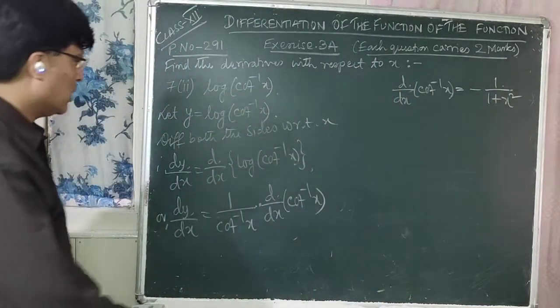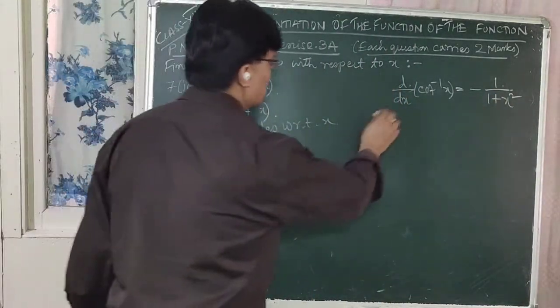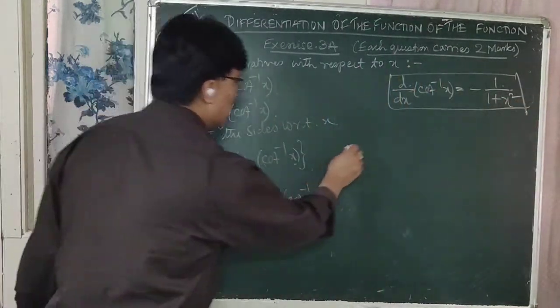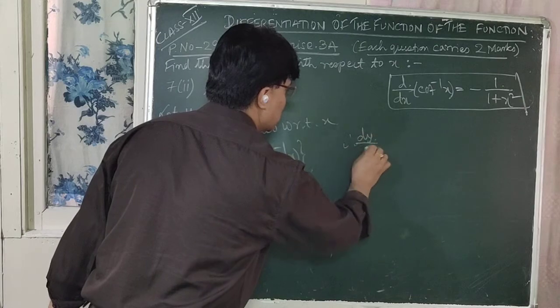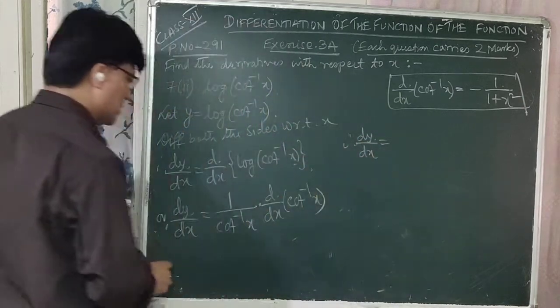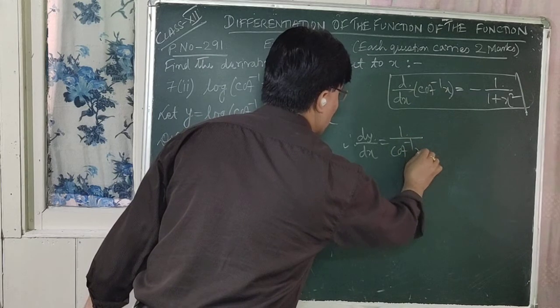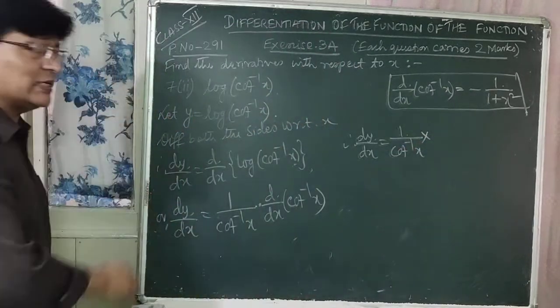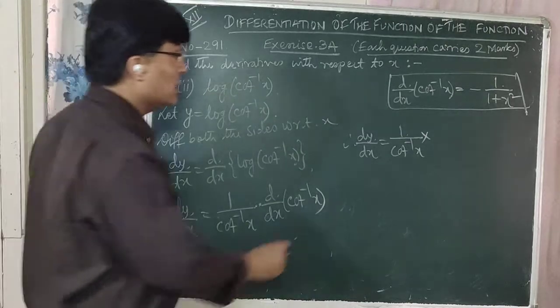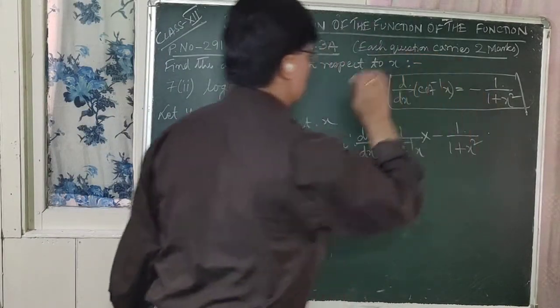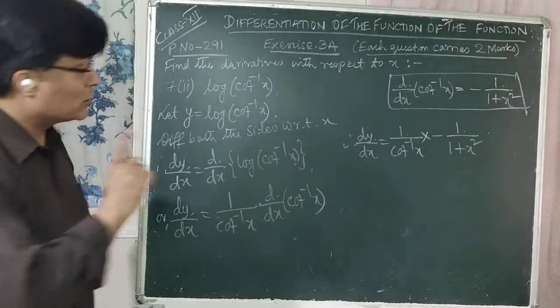So this is the formula. Therefore dy by dx is equal to 1 upon cot inverse x into, what is d by dx of cot inverse x? It is minus 1 upon 1 plus x square. So this is the answer.